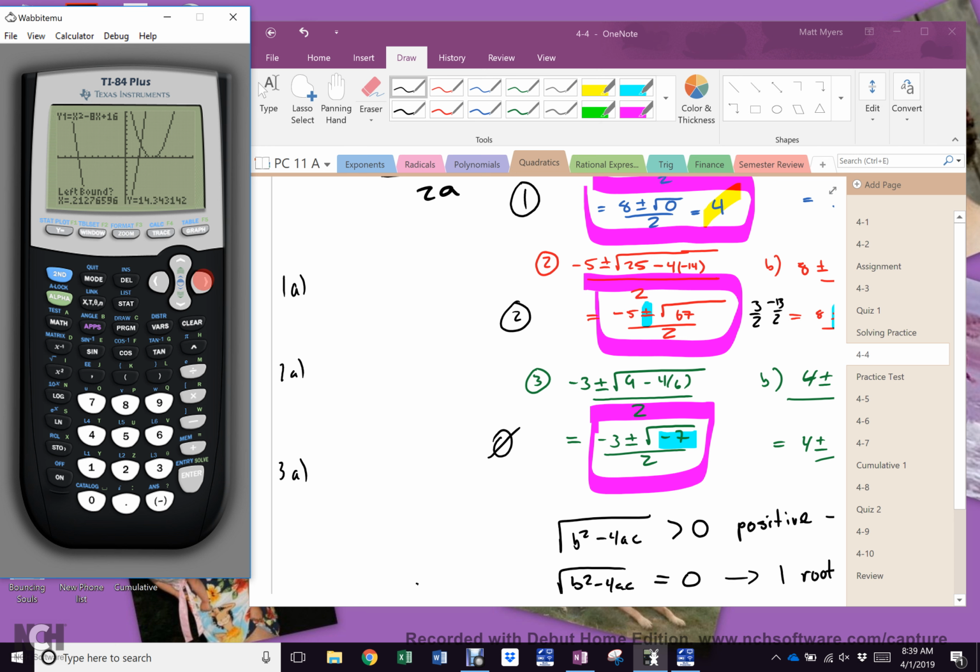If I move my cursor now, you can see that I am on the wrong curve. Does everybody see that? Now, if you cleared, you're going to be on the right curve, right?